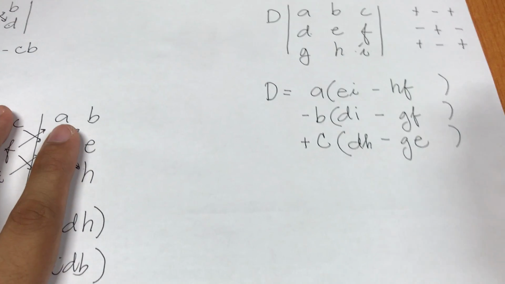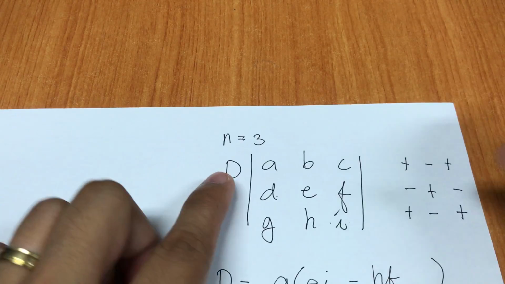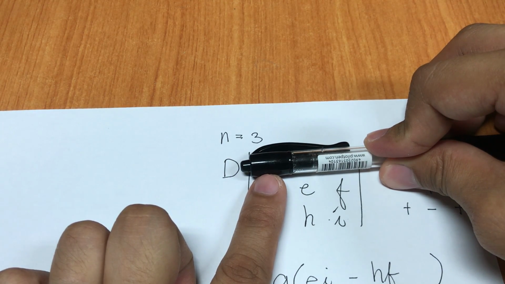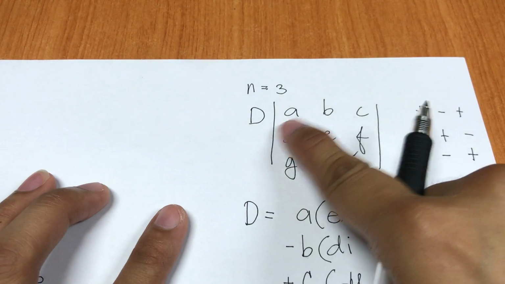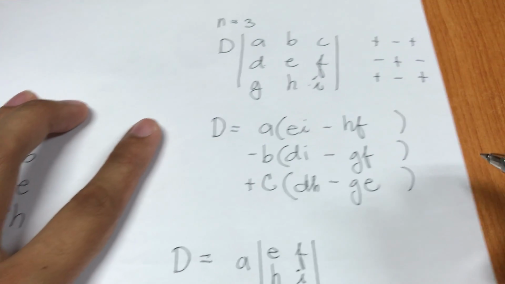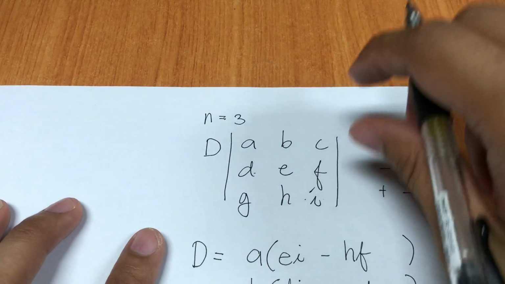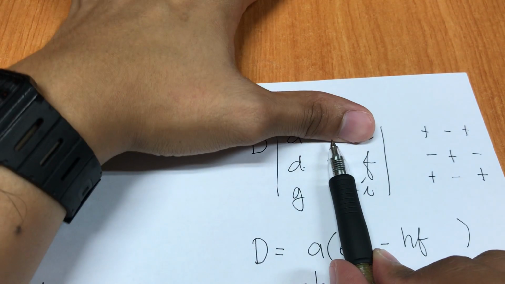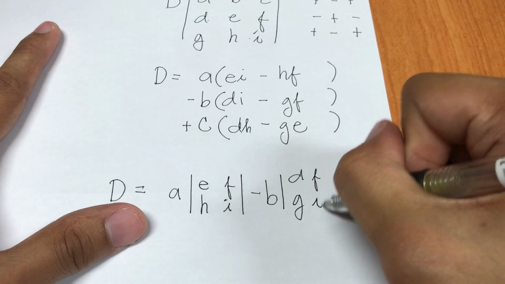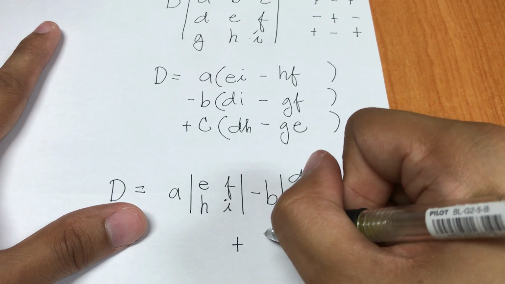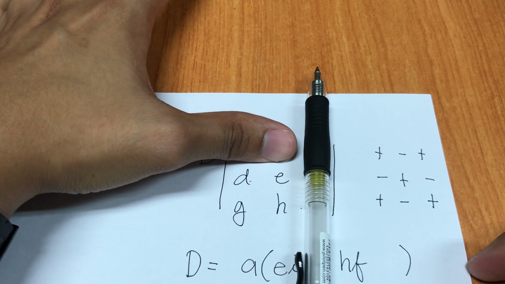Or generally speaking, si A, ang ka-column o row ka na: E, F, H, and I. Si A is positive, plus negative B, or additional nato na siya, minus B, kung sa mga ka-column o ka-row ni B: D, F, G, I. Plus C, C is positive, D, E, G, H.